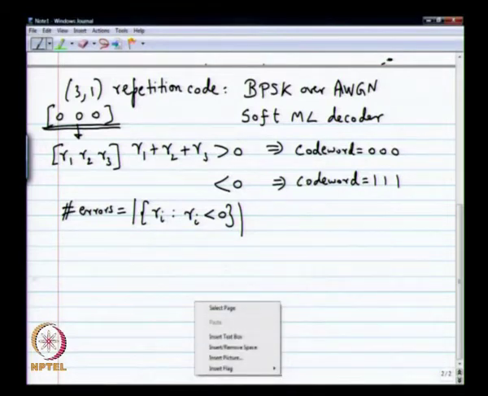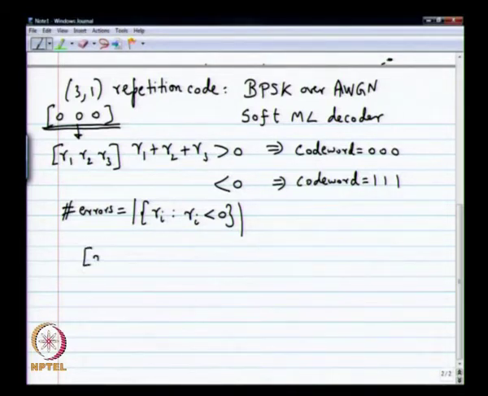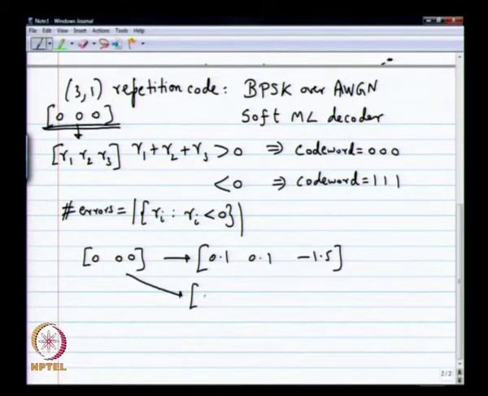Okay. So for instance, you might say I transmitted 000 and I received, let us say 0.1, 0.1, I do not know, minus 1.5. Or you might say I transmitted 000 and I received 0.9, let us say 0.8 and then minus 0.1.